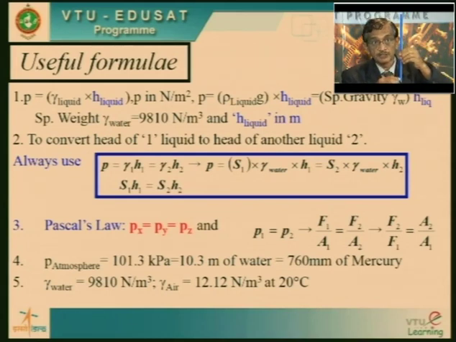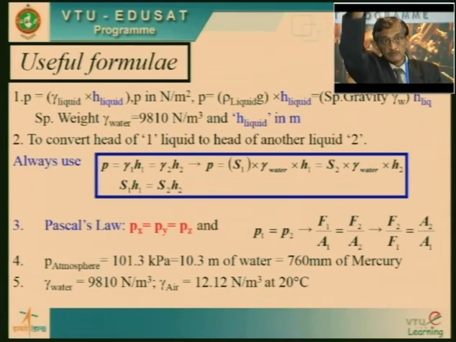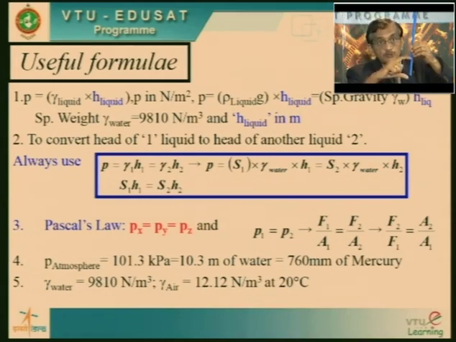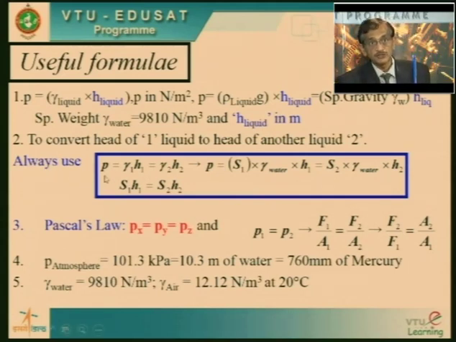That value I want to represent in terms of water column. Sometimes I want to represent it in terms of air column, and sometimes in terms of mercury column. So the value will change as per the ratio of specific gravity. You can see P is equal to gamma 1 H1 equal to gamma 2 H2. Gamma is the specific weight of the liquid 1.